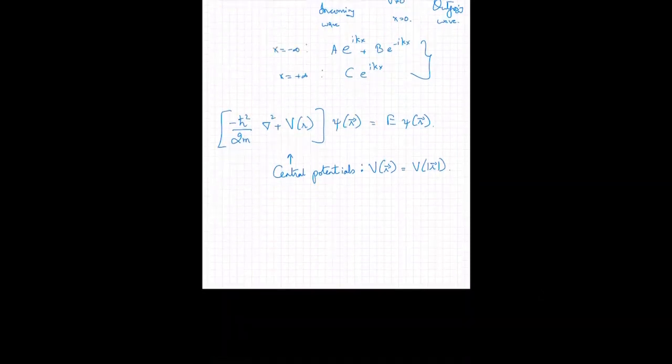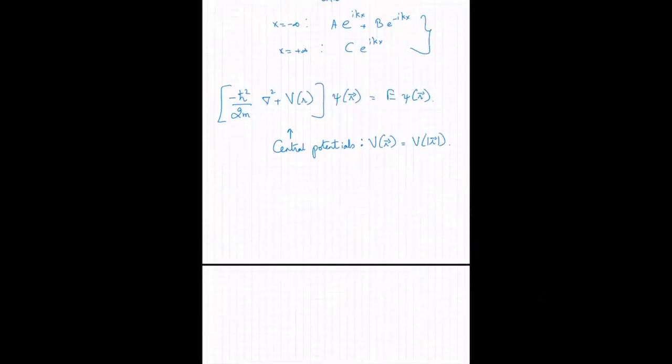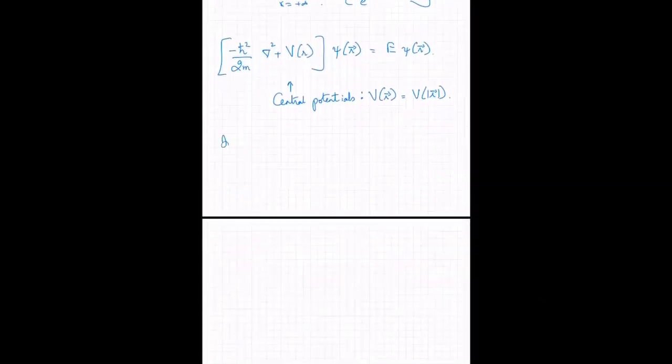Okay, so then we will use the same picture as above. We will send an incident wave, okay, a plane wave with some energy E, and I will call the direction in which the particle is traveling the Z direction. So the incident wave, psi incident of R, is nothing but e to the ikz.